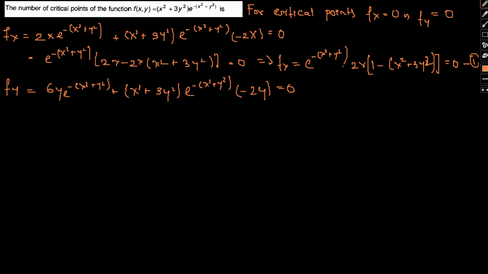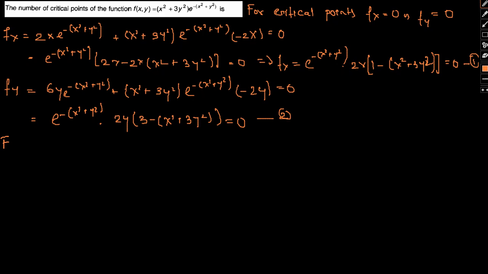So simplifying the same, we have e to the power minus (x squared plus y squared) into 2y (3 minus x squared minus 3y squared) equal to 0. So let this be 2.